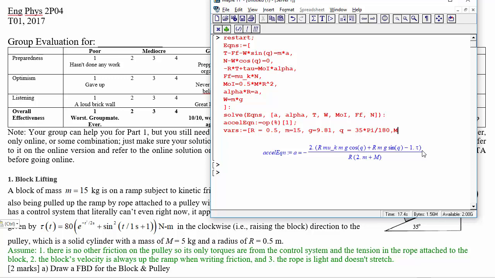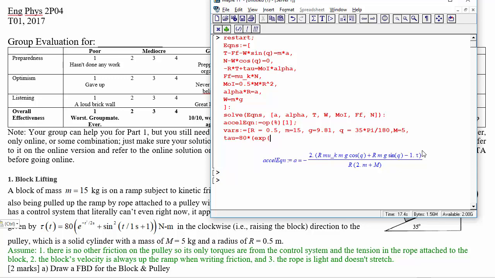What else don't we have? The pulley mass, which is 5, and the torque expression. I have to be careful to type this in correctly. Tau is equal to 80 times e to the negative t squared over 2, plus sine of t plus 1. We don't have to worry about the divided by 1 second.